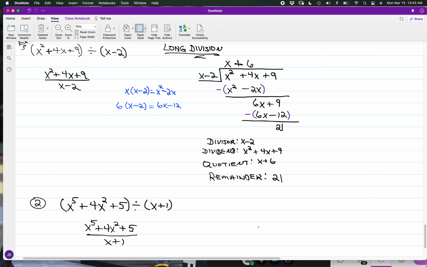So just setting up what we have here. So here, x plus 1 is going to be the divisor.